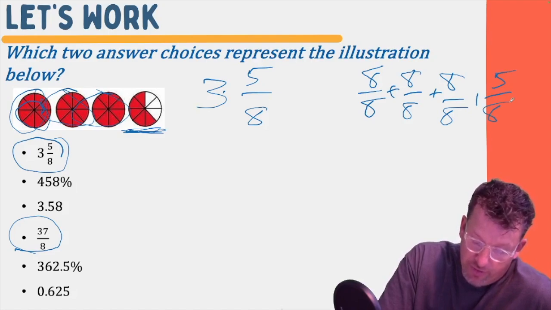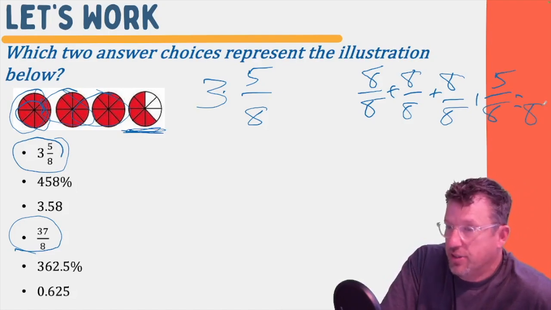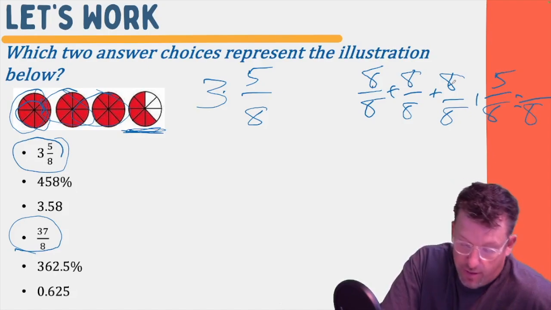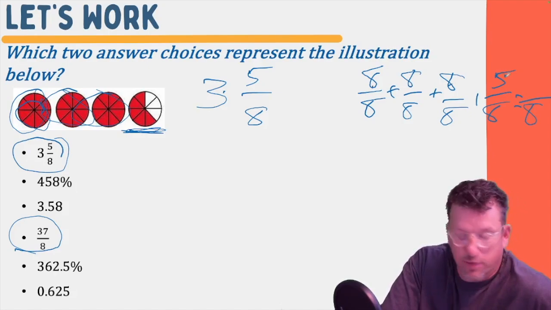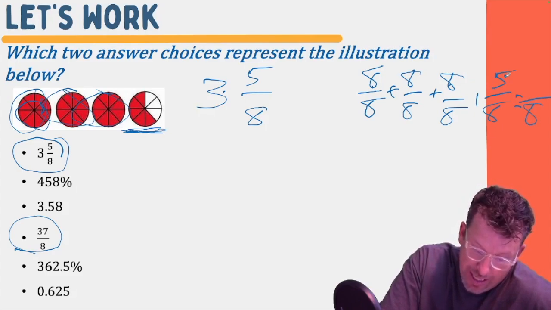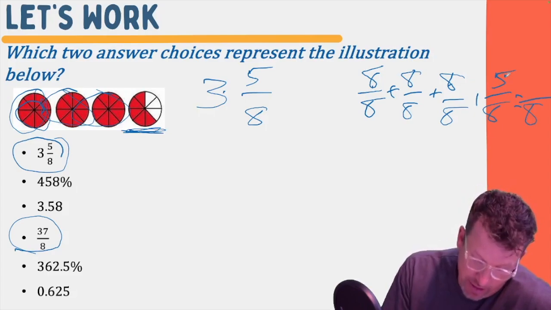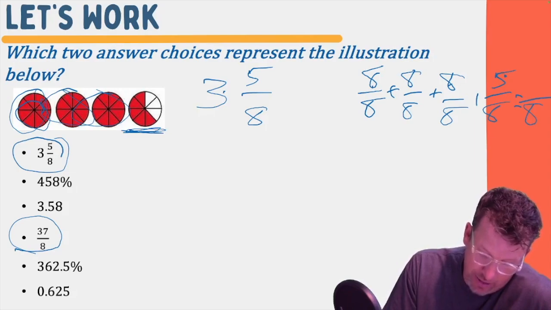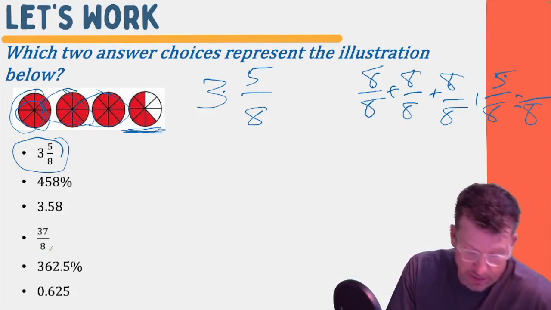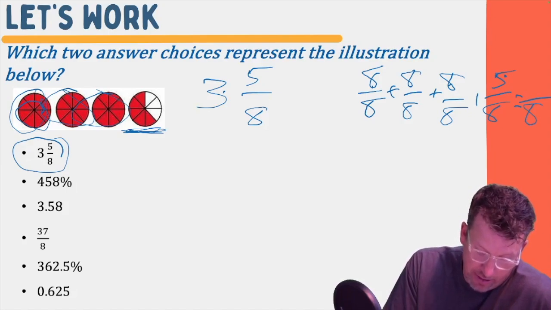So our answer is going to finish with eighths because the pieces are still cut into eighths, and we have 8, 8, and 8. That's 24. And then plus this 5 is 24, 25, 26, 27, 28, 29 eighths. Okay, 29 eighths. Do we have a 29 eighths down there? No, we do not. So that one will not work, so we can go ahead and mark that guy off.